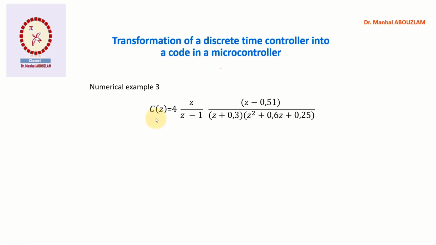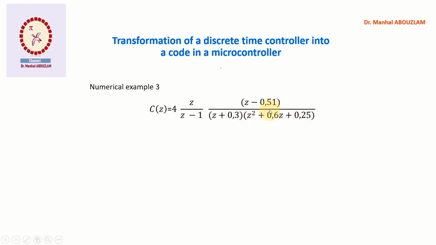Now let's take another numerical example where we have here just a polynomial for the numerator, and for the denominator we have a polynomial of degree 1 and a polynomial of degree 2. As you see here, for the numerator there is nothing to arrange. Now for the denominator, we have a polynomial of degree 1 and a polynomial of degree 2.